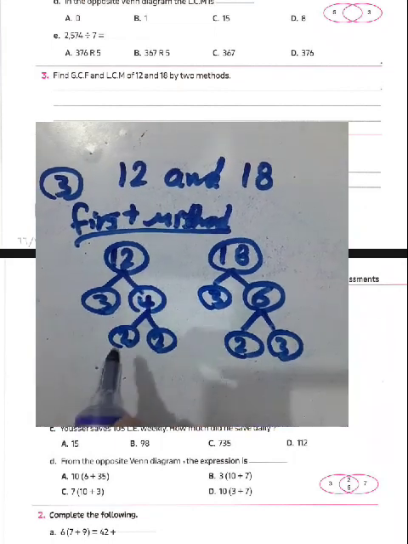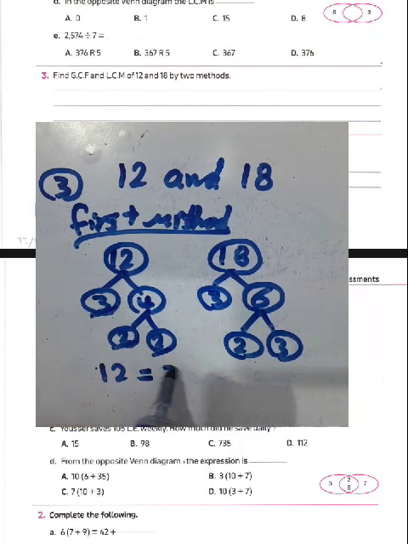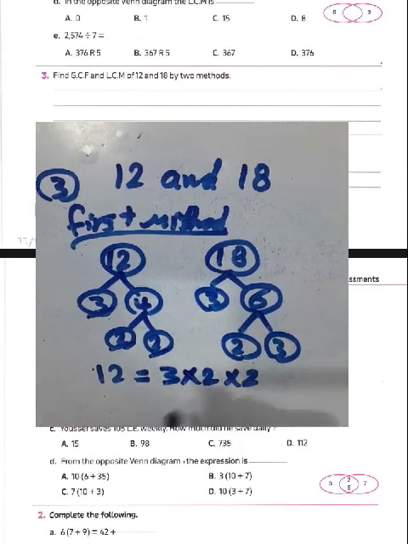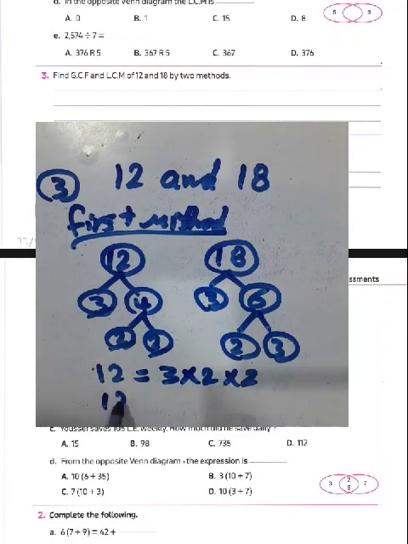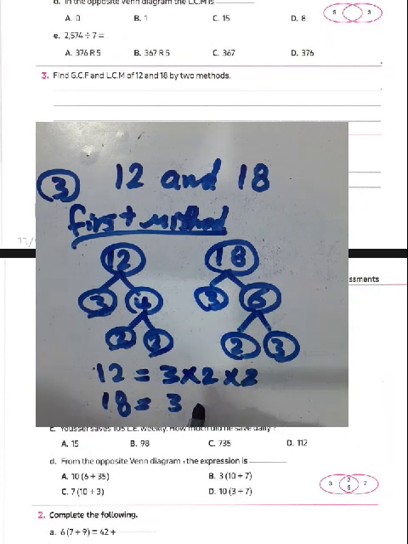And then we can write 12 equals 3 times 2 times 2, and 18 equals 3 times 2 times 3.